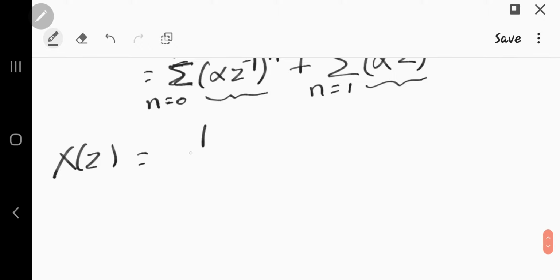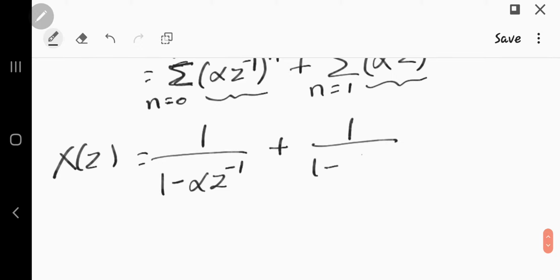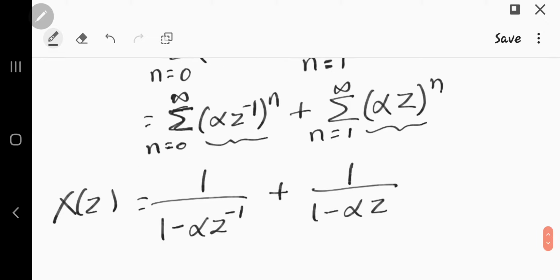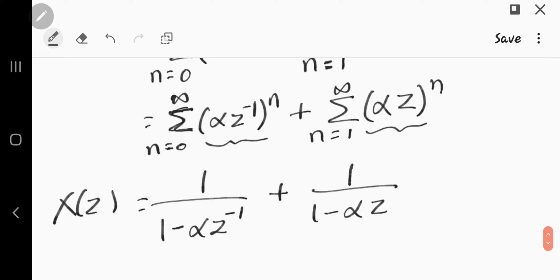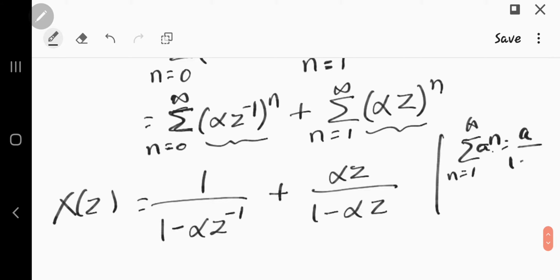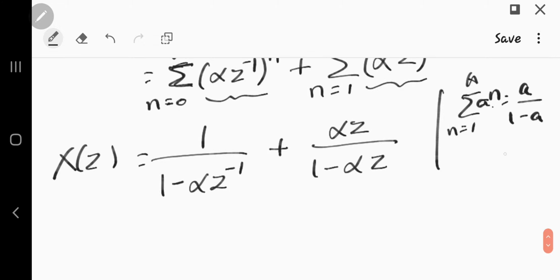x of z is equal to 1 divided by 1 minus alpha z inverse plus 1 divided by 1 minus alpha z. But here we have the limit 1 to infinity. Therefore, this will be alpha z. Summation n is equal to 1 to infinity a to the power of n is a divided by 1 minus a, where a is less than 1.